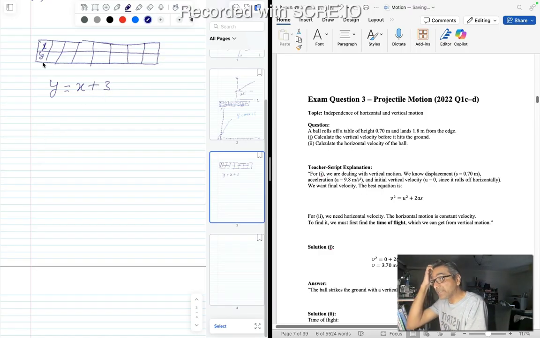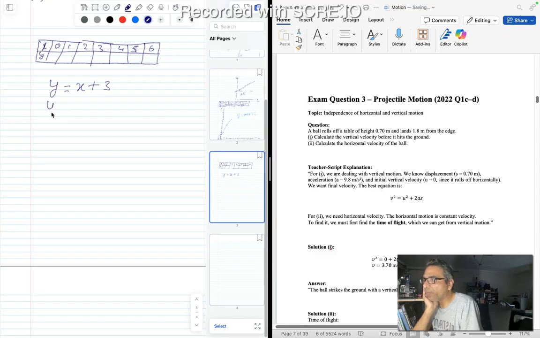Now, I place values of x: 0, 1, 2, 3, 4, 5, and 6. So can you tell me what will be the value of y if x is 0? Yes. How do you get that?